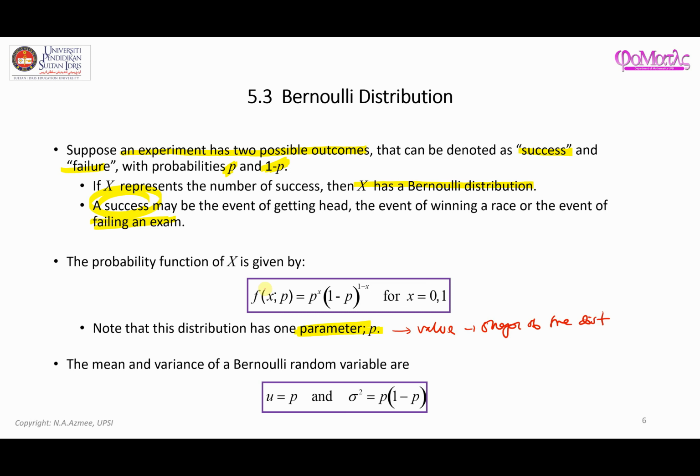Okay, this is the probability mass function of X, where X here is a Bernoulli random variable, and X here represents the number of success. And the formula to find probability of x equals 0 or x equals 1 is given by this formula right here.